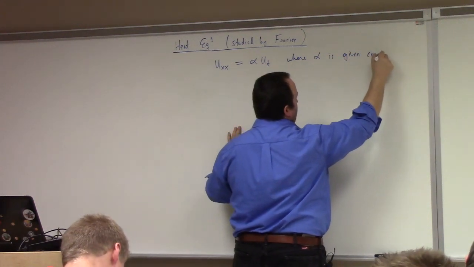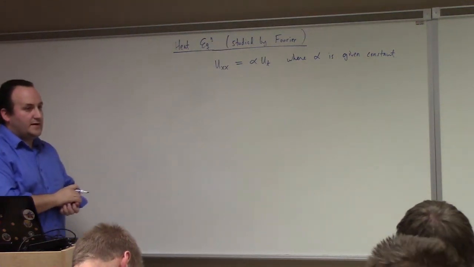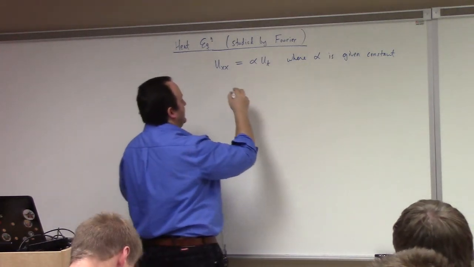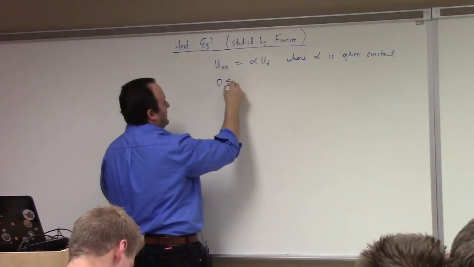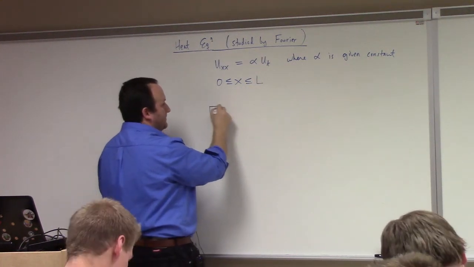This partial differential equation models heat flow on a rod. And we're going to try to solve this for 0 less than or equal to x less than or equal to L. Here's a picture of what we're doing.